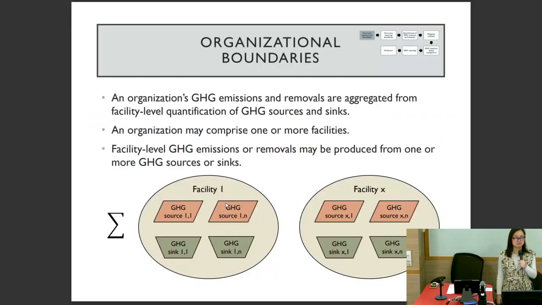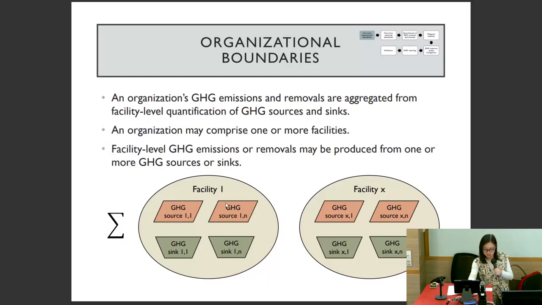So last time we have already explained the organizational boundary, but a bit briefly. So today let's study the organizational boundary once again. An organization's greenhouse gas emissions and removals are aggregated from facility level quantification of greenhouse gas sources and sinks.